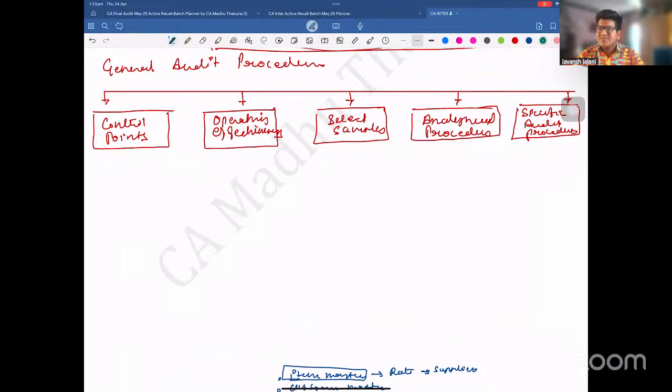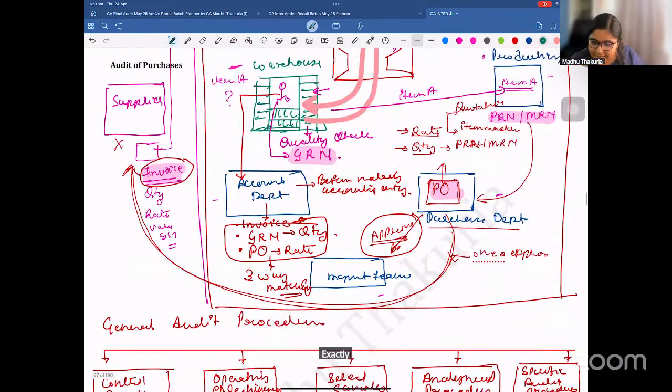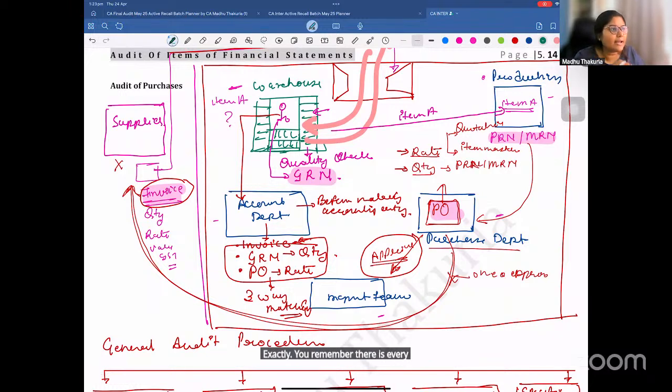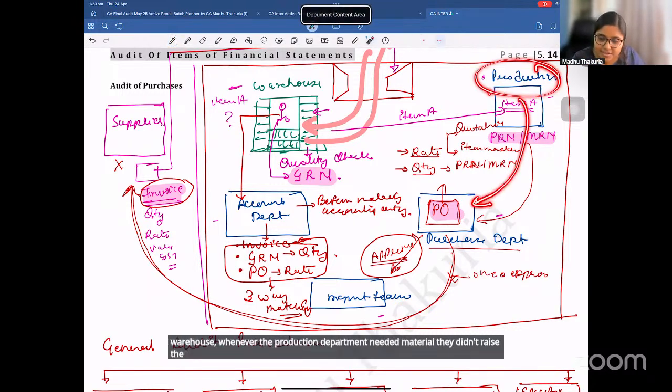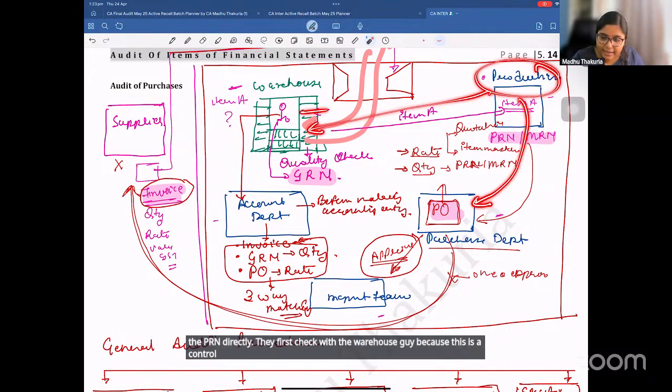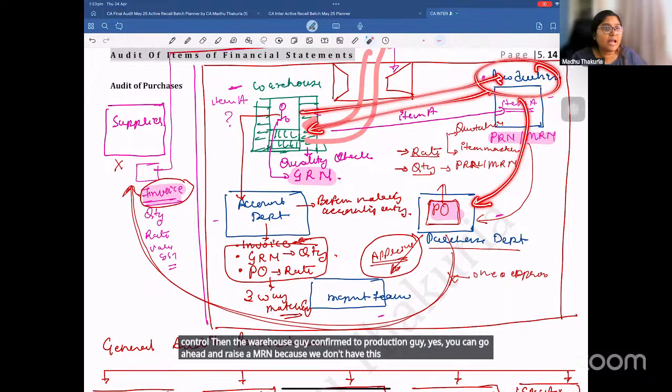Identify the controls. Exactly. You remember, for example, whenever the production department needed material, they didn't raise the MRN directly. They first checked with the warehouse guy because this is a control. Then the warehouse guy confirmed that they don't have this material and they could go ahead and raise an MRN.